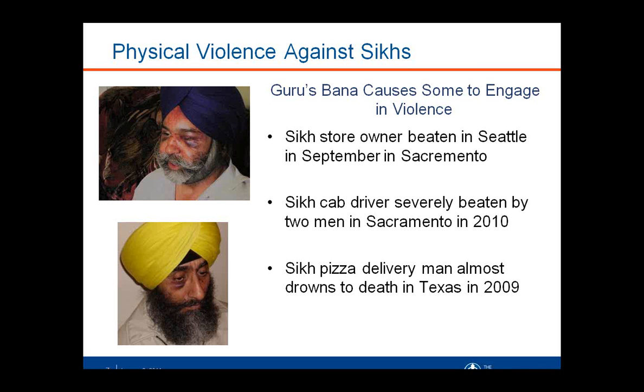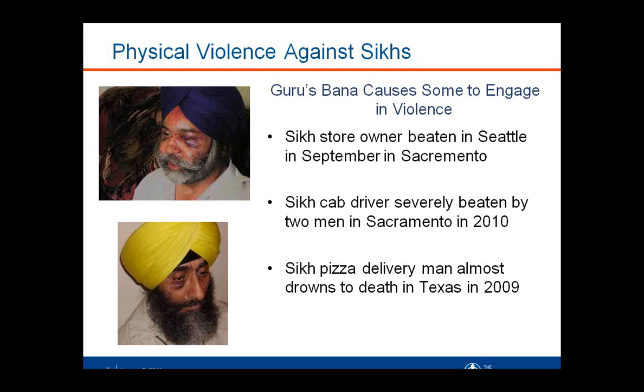One thing I wanted to note about all three of the cases I just mentioned: all three of the people, the store owner, the cab driver, and the pizza delivery man, work in spaces where they don't have control over customer flow. So the store owner can't control who walks into a store, the cab driver can't control who walks into his cab, and the pizza delivery man has no control over whose house he goes to deliver a pizza.